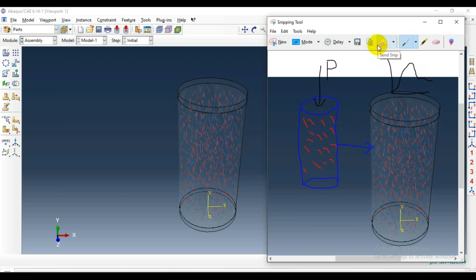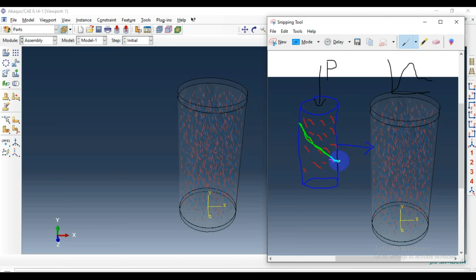I have to confirm that the fiber orientation present here is going to cause a crushing failure in this manner.